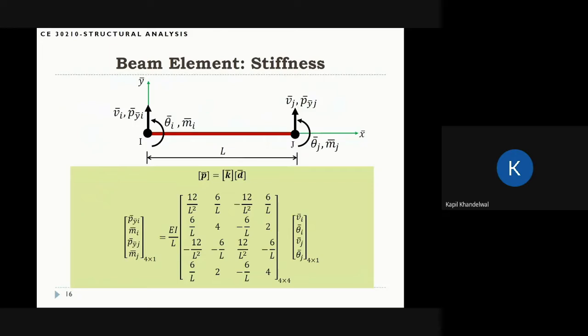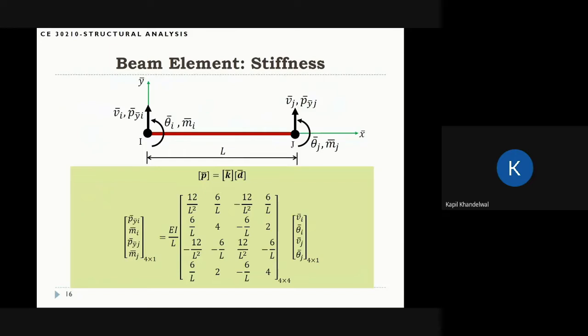If you have a beam structure in which there are no axial forces or axial traction acting, then you can ignore the axial degrees of freedom, and you can use this 4x4 stiffness matrix for the beam. So it depends on the problem. If the problem has axial effects, then you have to use a 6x6 stiffness matrix for the beam, which we will talk about in a moment.